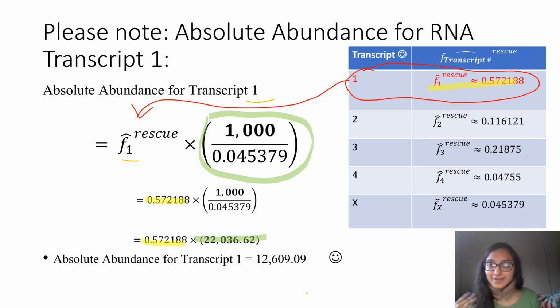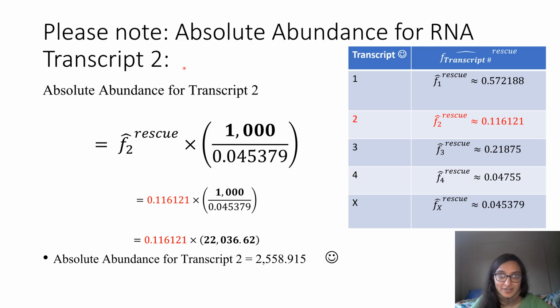So you're just going to multiply your relative abundances by this 22,036. That's the scaling factor. We multiply by that and we go to our absolute abundances from here. So once we take this relative abundance value and multiply it by the scaling factor that we got from our Spike-in, we get that the absolute abundance for transcript 1 is 12,609.09.